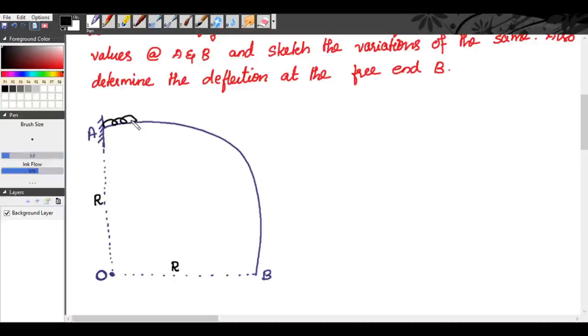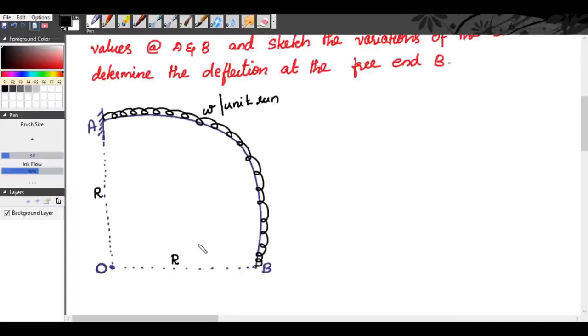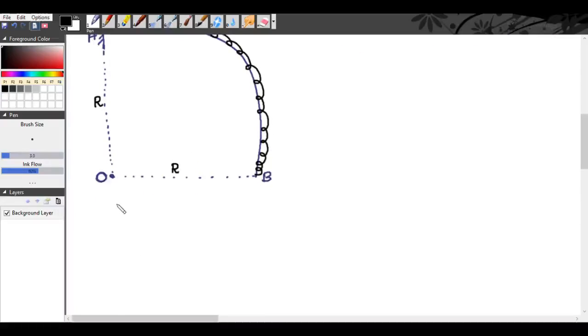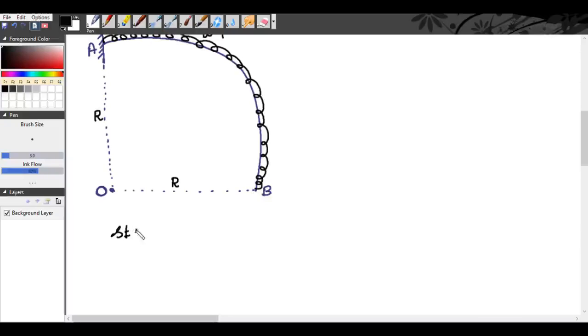Now, this AB is subjected to a uniformly distributed load of W per unit run. Now, we need to analyze this beam. So, how will we analyze this beam? Since it is a cantilever, this is statically determinate.